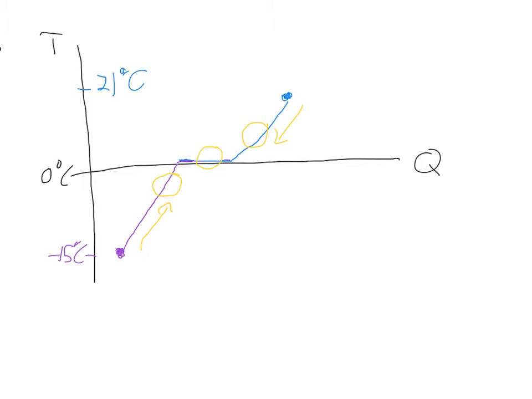So what we really have is a situation where there's 3 different segments, right? There's segment 1 here where we're going to have warming ice that's going from -15 up to 0. So that section would end at this location here. We're going to have a section up here where our ice could melt, or our water could freeze, really, depending on which way we go, in here.